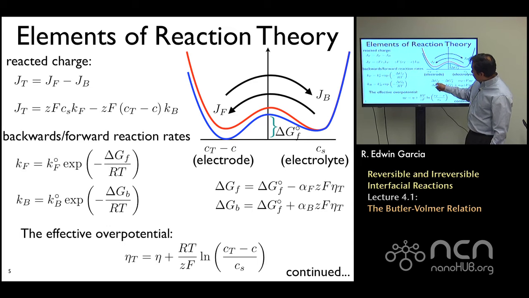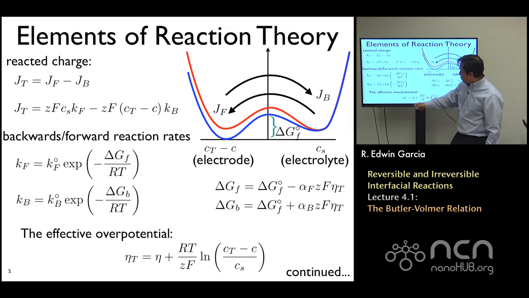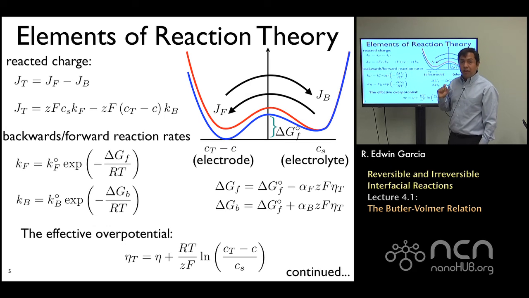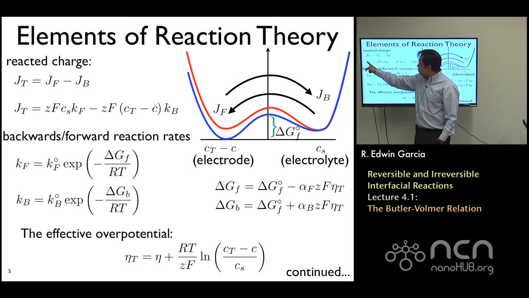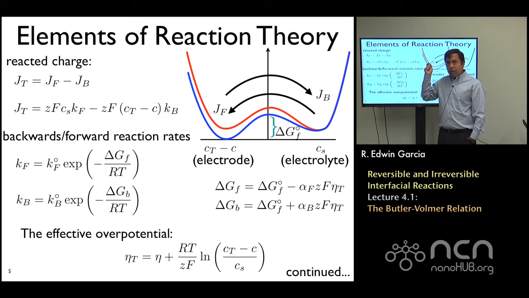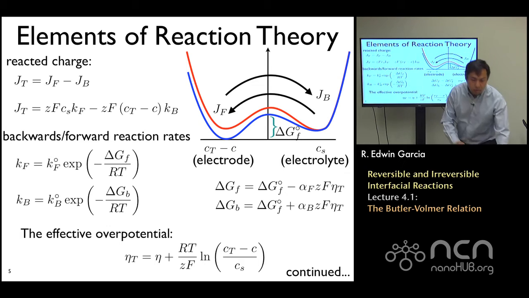And now we can take these two contributions, this one substituted in here, this one substituted in there, and put them in here. Then we use the fact that this is a reaction that at equilibrium should be balanced, in other words, we assume that J_T equals 0 when eta is 0, and then we will find a mathematical expression for the reaction to take place.